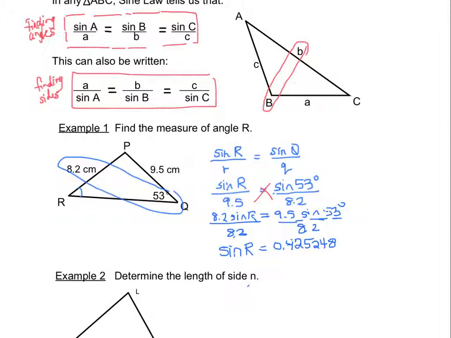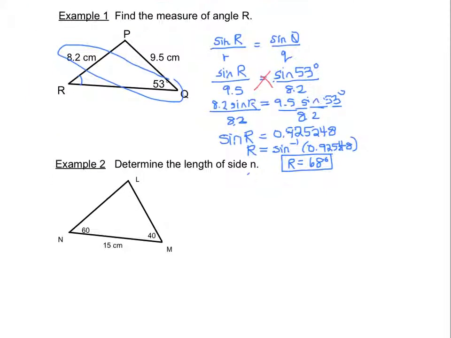Basically, leave all those digits on your calculator screen, okay? Write down at least 5 of them, I would say. And since we're solving for the measure of the missing angle, we're going to use the sine inverse button on your calculator. So sine inverse, and that tells us that R is approximately 68 degrees.